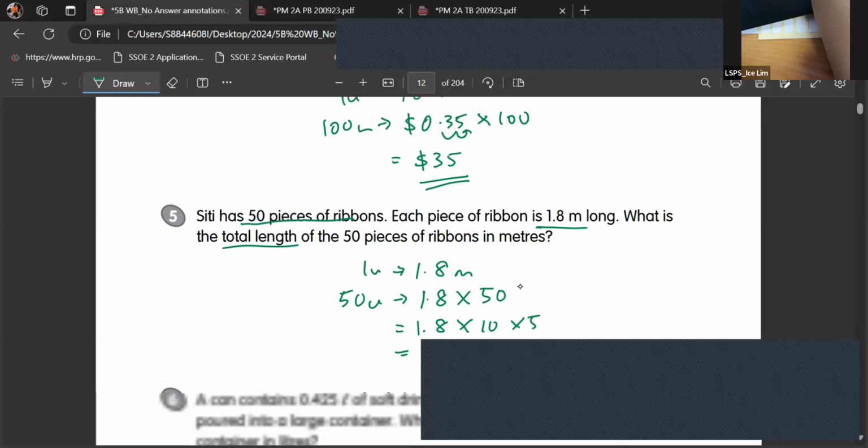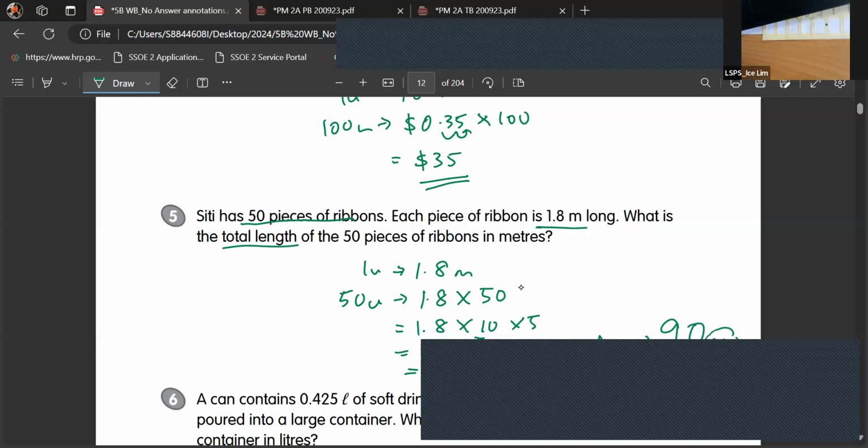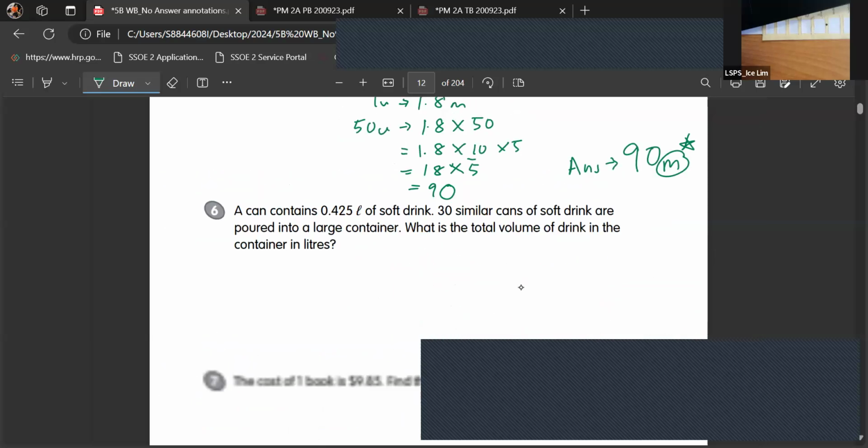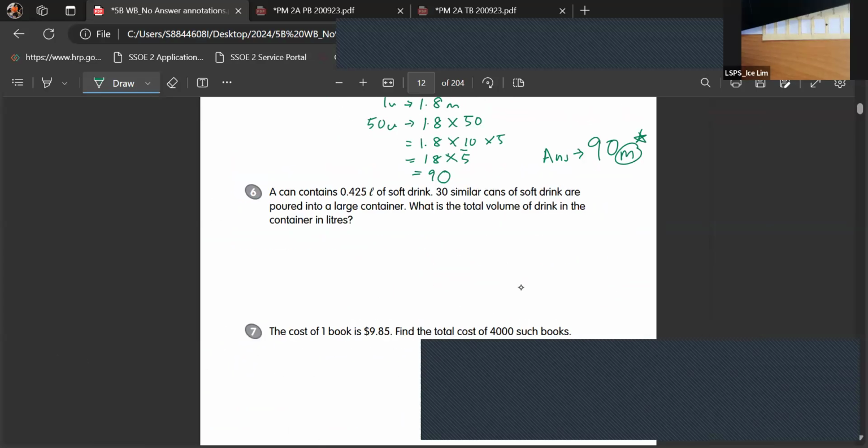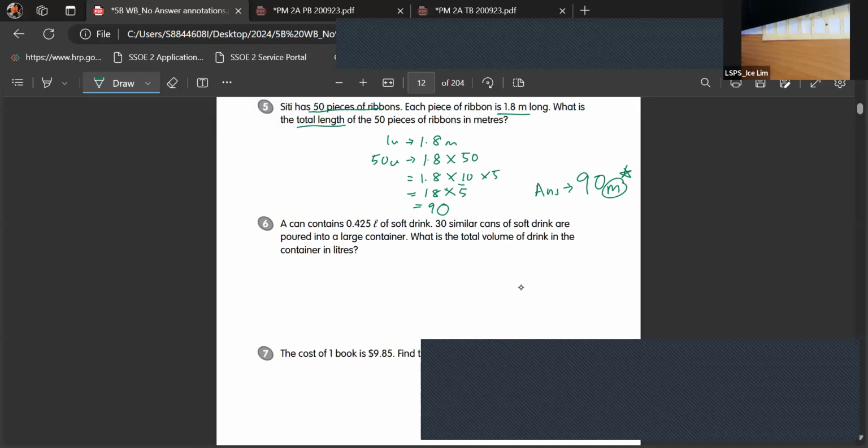Yes. The most important part is to remember your units. Okay? Now, that was 2 of the 4 word problems on this page.